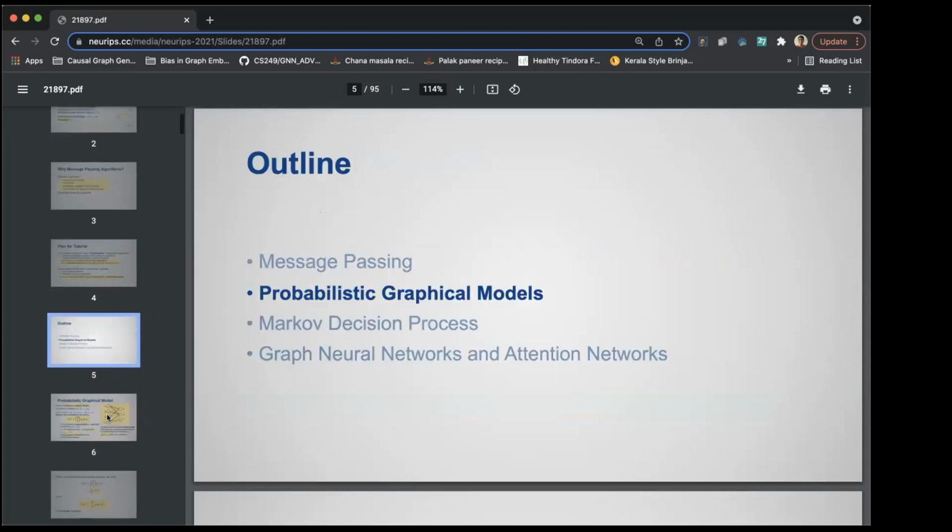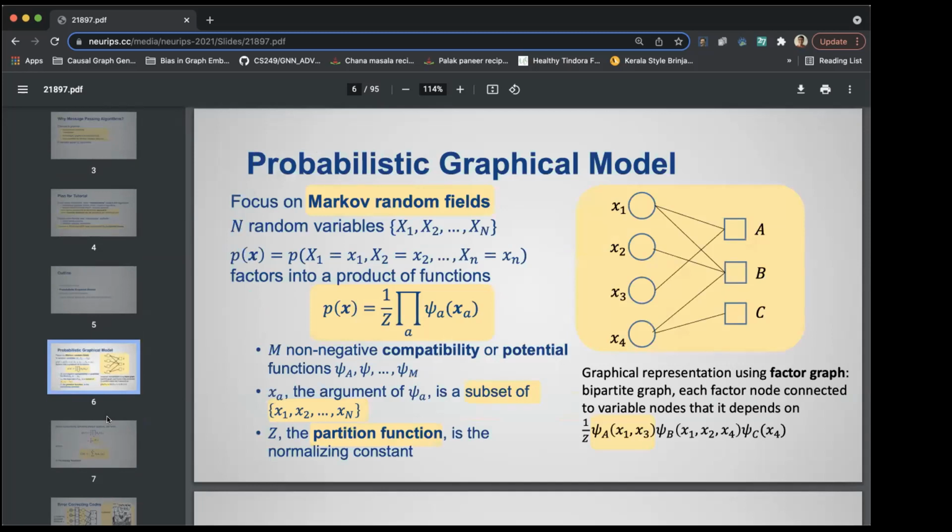Okay, so let's start off with PGMs. In this case, we're going to focus on Markov random fields. We have n random variables, x1 to xn, and we have a joint probability distribution over all the random variables. We can look at this in a factorized form. We can express this joint distribution as the product over a bunch of different potential functions that take as input a subset of these random variables, and then divide by a normalizing factor.